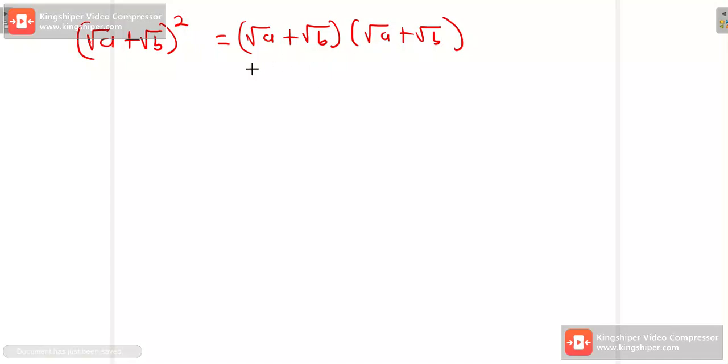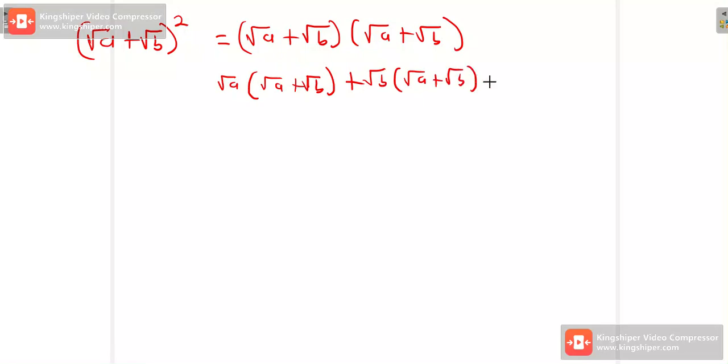We can take root of A to multiply root of A plus root of B, then plus root of B will also multiply root of A plus root of B. Let's expand this. Root of A times root of A is A. Then plus root of A times root of B is going to give us root of AB.